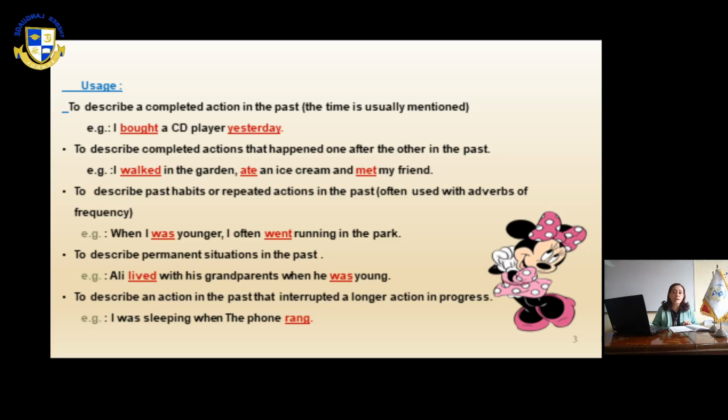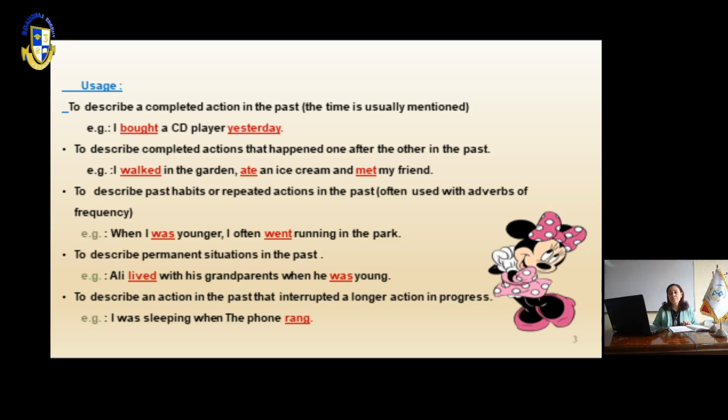It was his life there, all his life with his parents, grandparents. To describe an action in the past that interrupted a longer action in progress. If I have a short action and long action, short action interrupted the longer one, we have to use the past simple for the shorter action. I was sleeping when the phone rang.